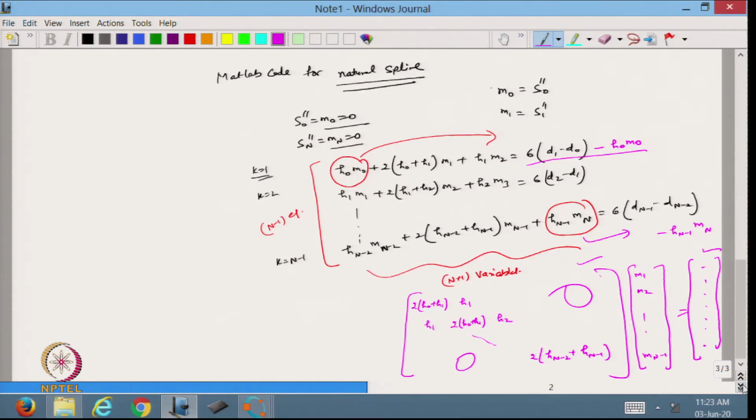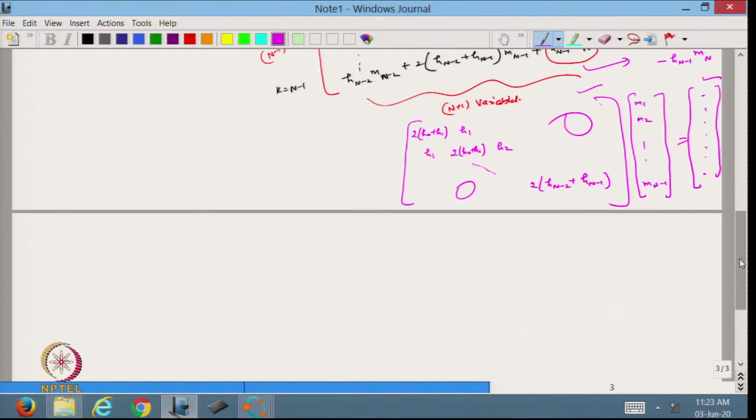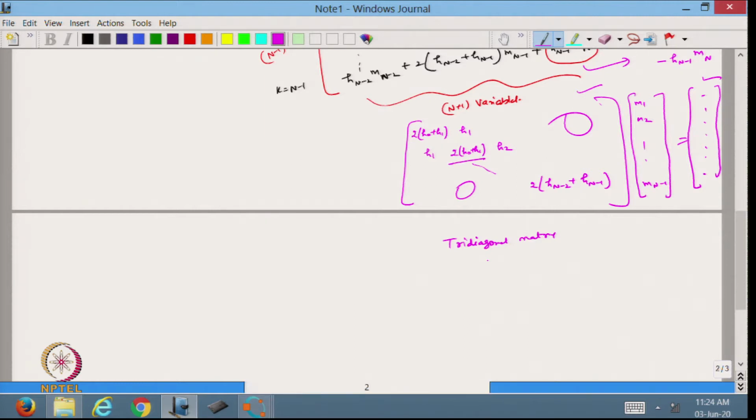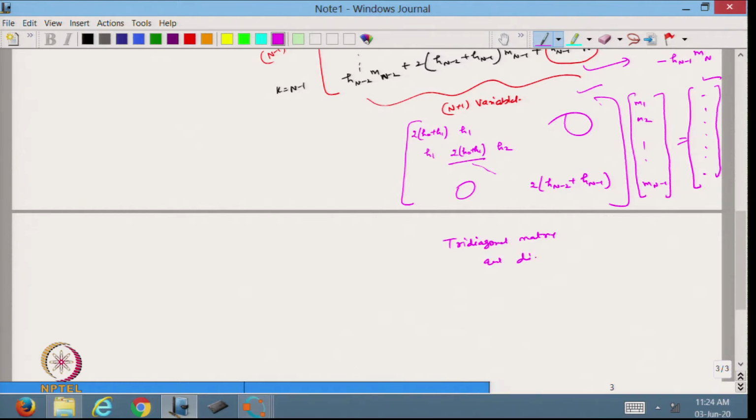So, this matrix is a tridiagonal matrix, and you can see also that it is a diagonally dominant matrix.